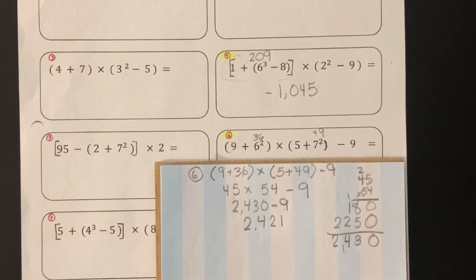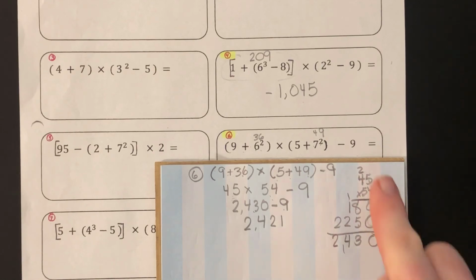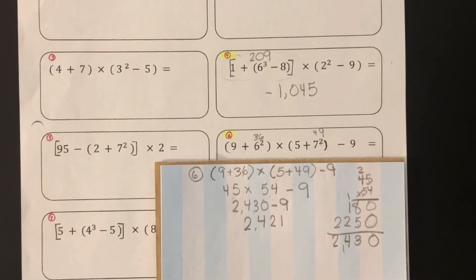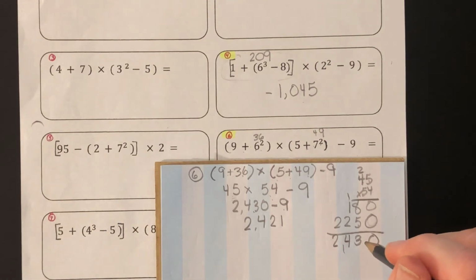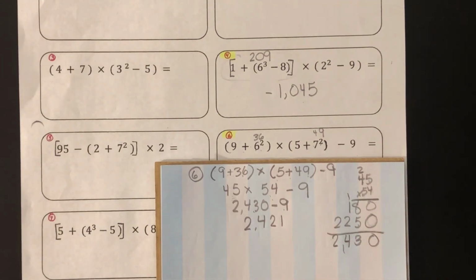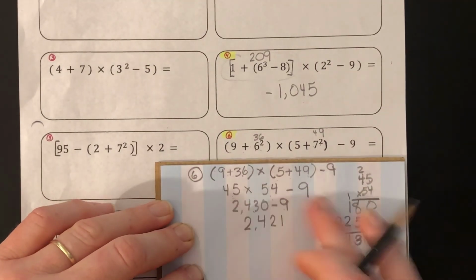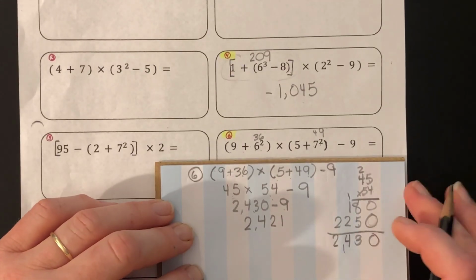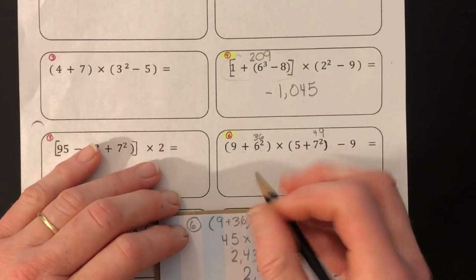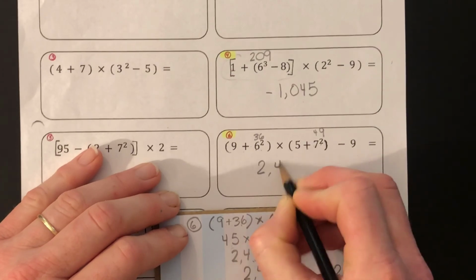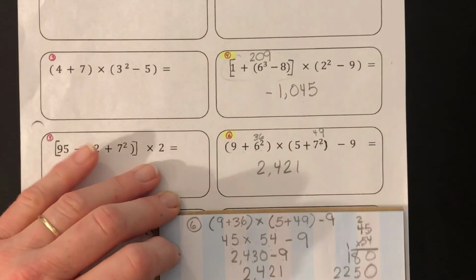On the others that require that you write out the steps, that you've got to actually do the computation, because you can't do it in your head like this. I need to see your work. However, since I'm doing this one, you don't have to do that. You do have to do these. All right, 2,421. Let me write that down. 2,421 is number 6.